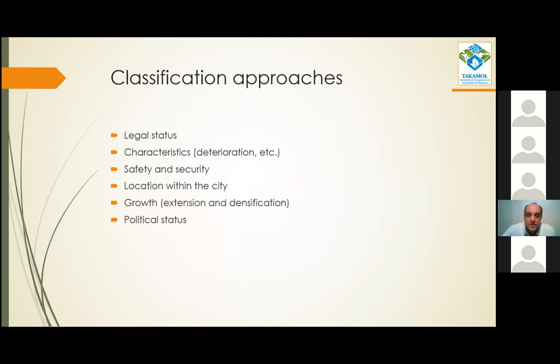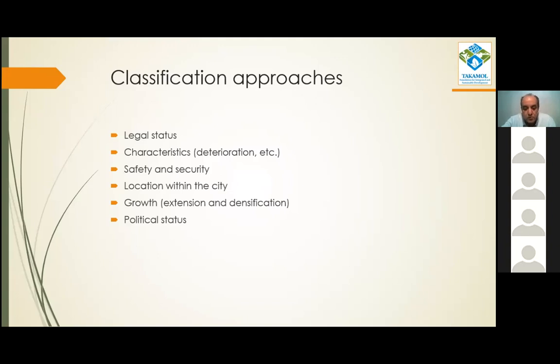So you can classify informal areas according to their legal status and characteristics, safety and security, and their location within the city, whether it's isolated or integrated into the urban fabric, on the periphery of the city or in a central location. Also according to growth, whether it can be extended horizontally or by densification, vertical extension, or according to the political status, whether it's in the focus of political decision or not.